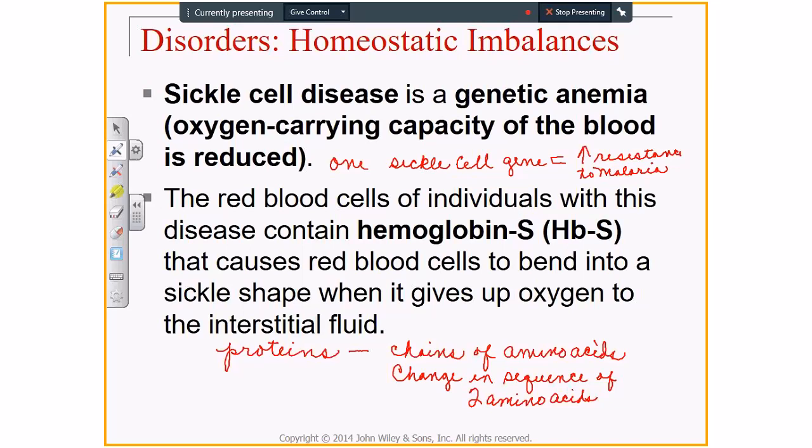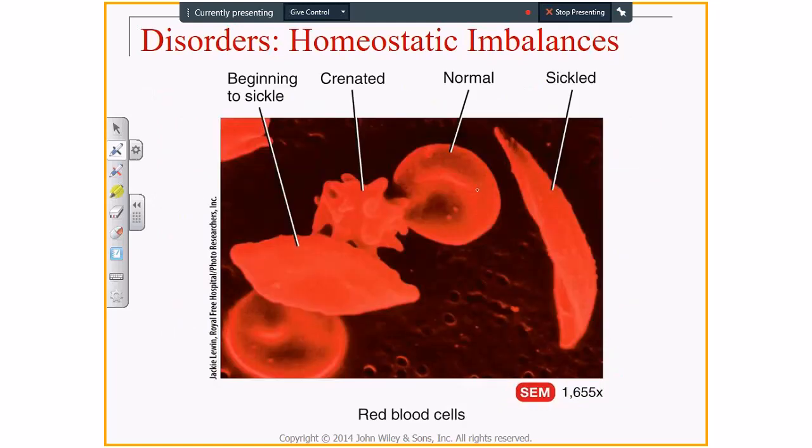So this means that you're heterozygous for sickle cell anemia. And there's actually a picture of a sickle cell.